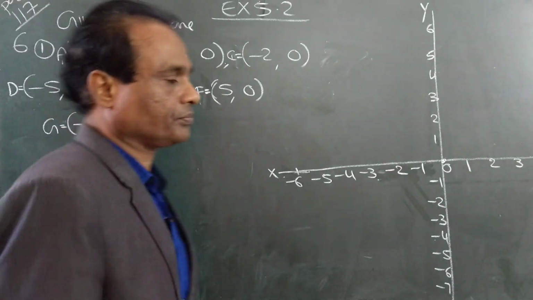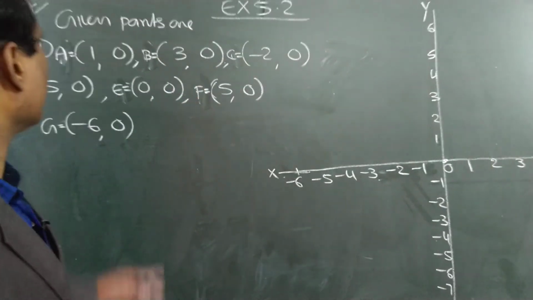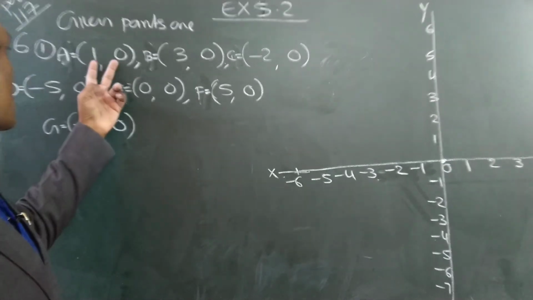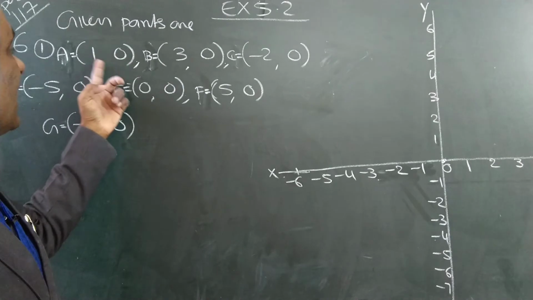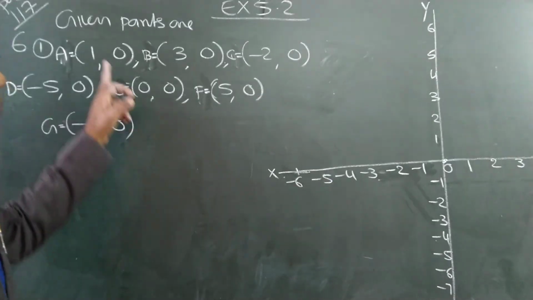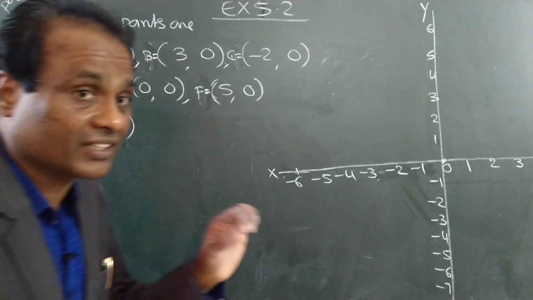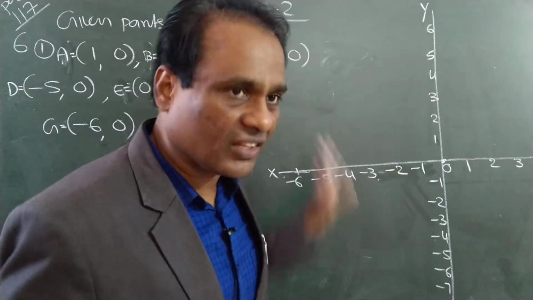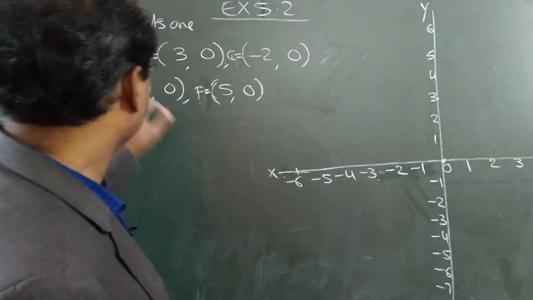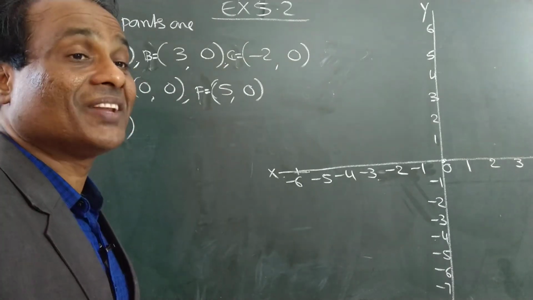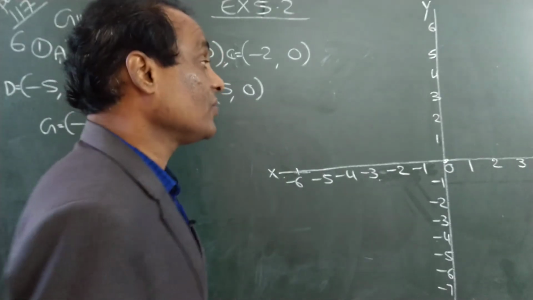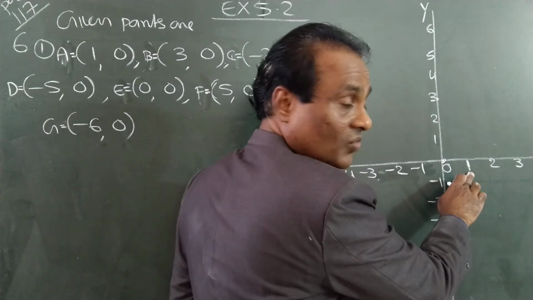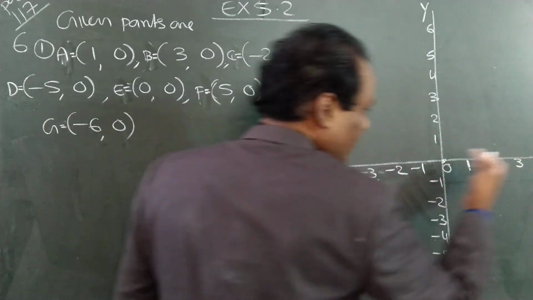Now see here: 1, 0. Where do we have to plot this? Can you locate 1, 0 on this Cartesian plane? X value 1, y value 0. Y is 0 means it is on the x-axis only.